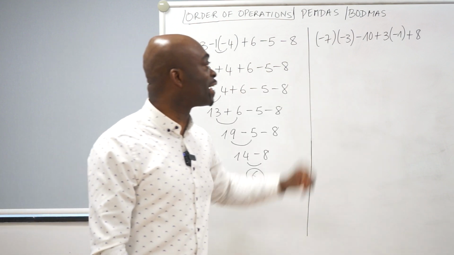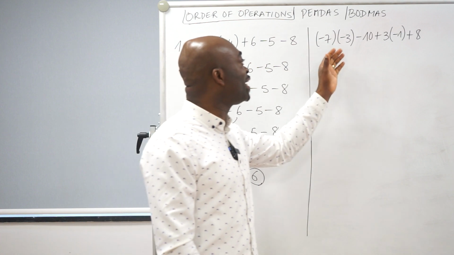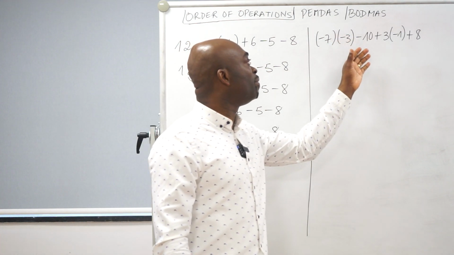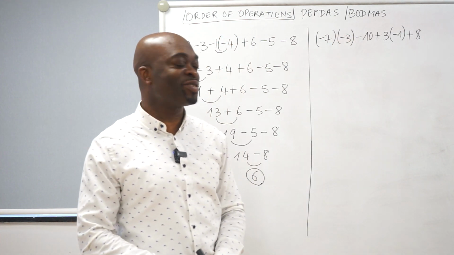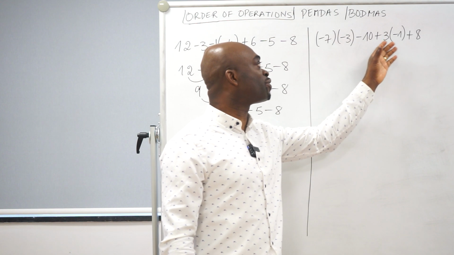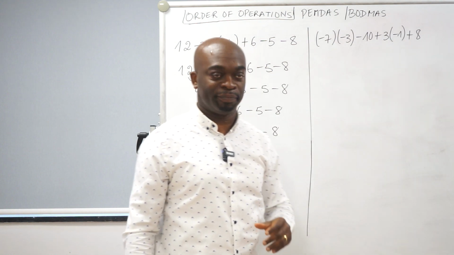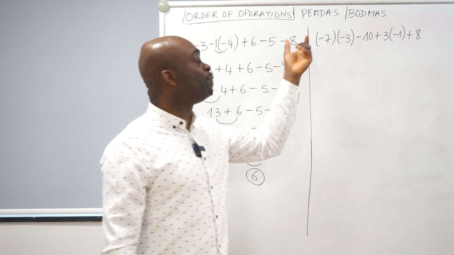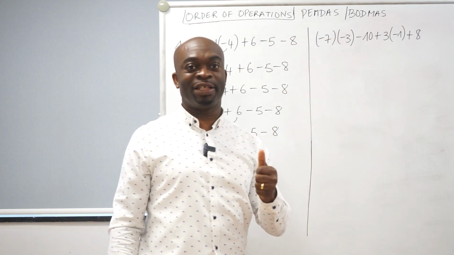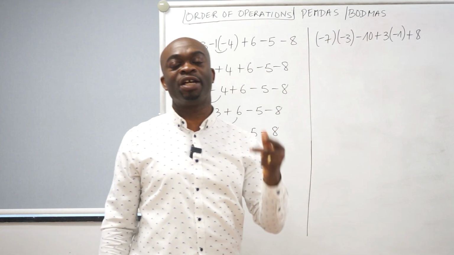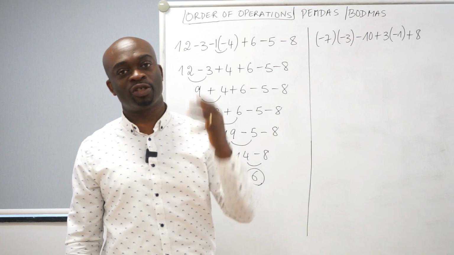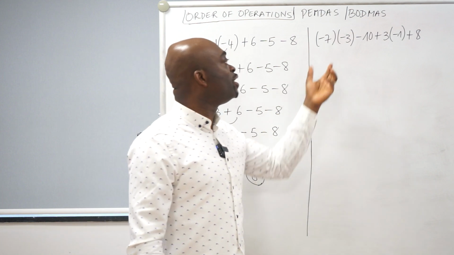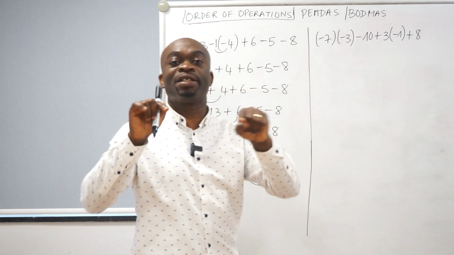So we go to the second question now, which is -7 times -3 minus 10 plus 3 times -1 plus 8. So what's happening here? So PEMDAS rule again, don't forget: parentheses, exponent, multiplication, division, addition, subtraction. All right? Is there anything inside the parentheses to work on?